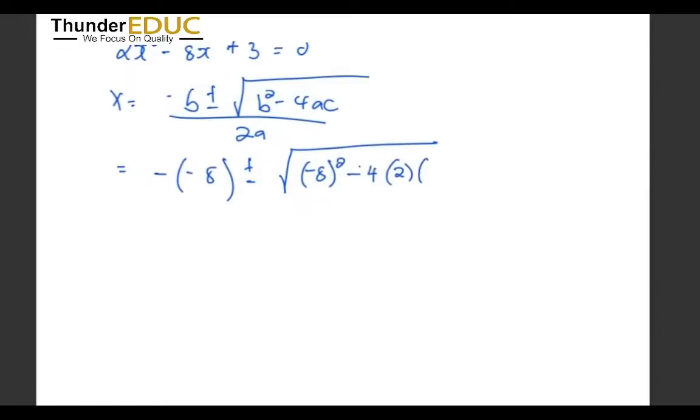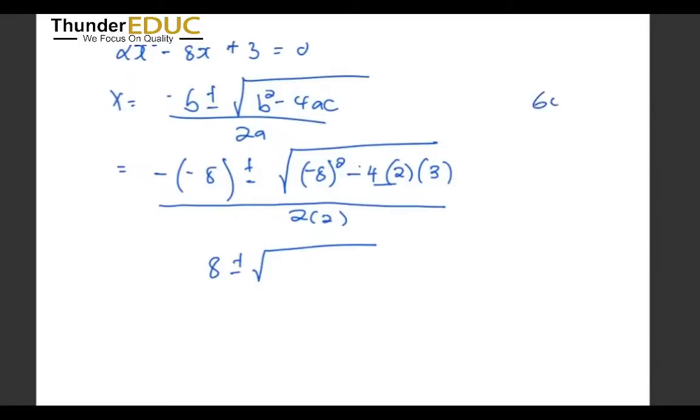Our a is a 2, then our c is a 3. All of this is divided by 2 times 2. If I simplify further, 8 plus minus, that's going to give me 64. Then we know that 8 times 3 is 24. So 64 minus 24, which gives us a 40.